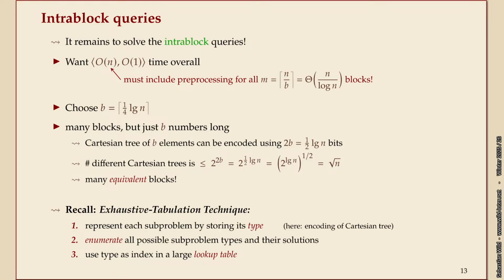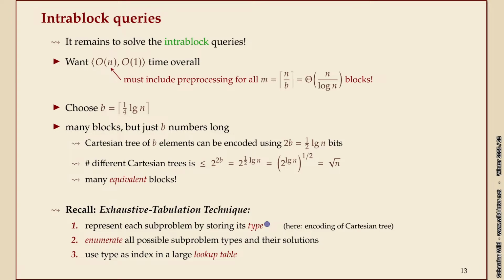And so we can use exhaustive tabulation, which you guys already know from the alignment chapter. We're doing exhaustive tabulation on these small blocks. We write down the type and then do an exhaustive table of all the types and all their queries.